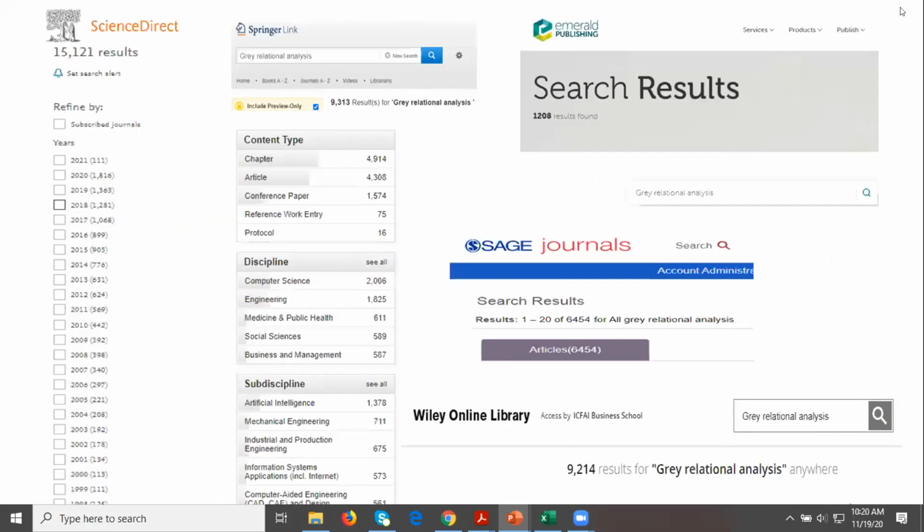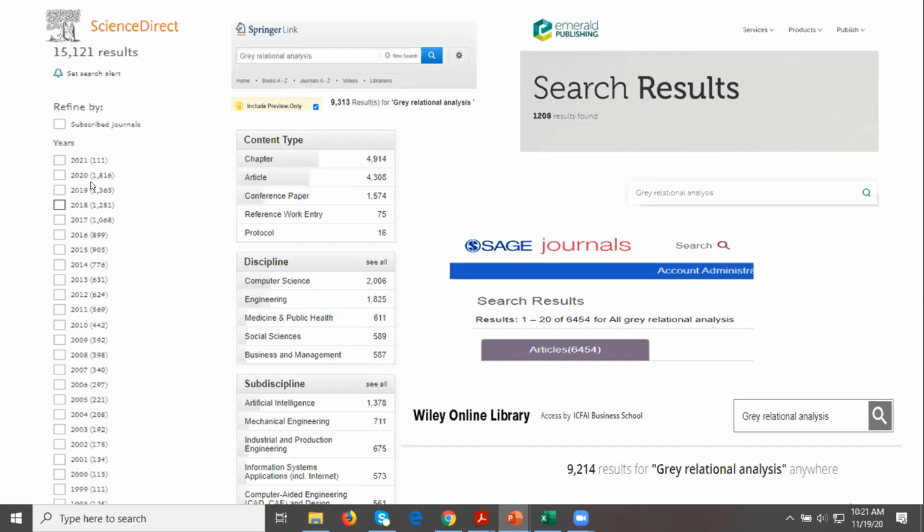I'm showing you how many journals are publishing on this. This data is taken from ScienceDirect. Just yesterday I searched using the keyword gradation analysis, and you can see almost 15,121 journals are published based on this gradation analysis.